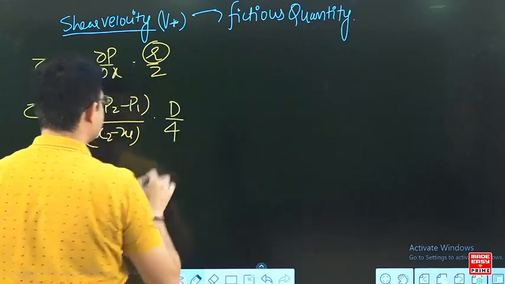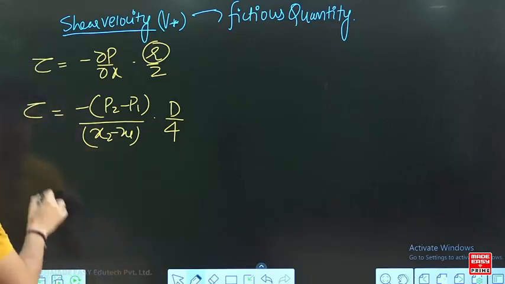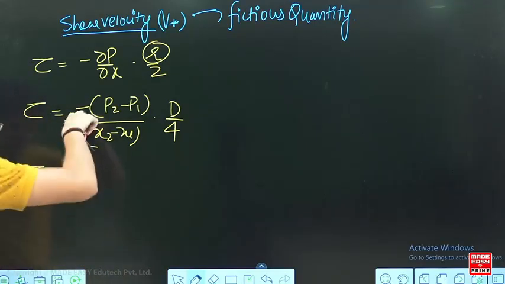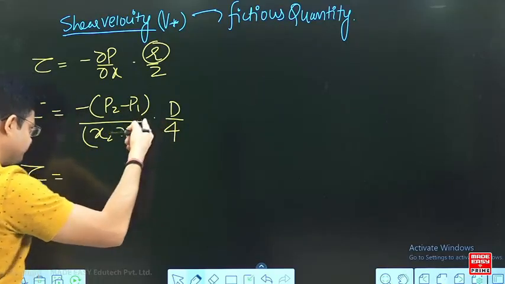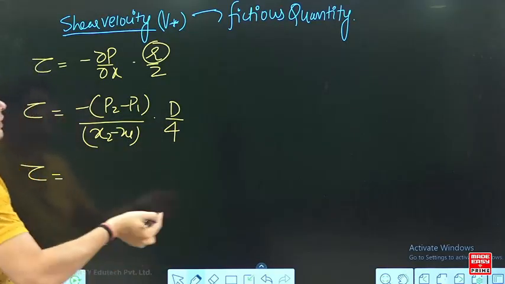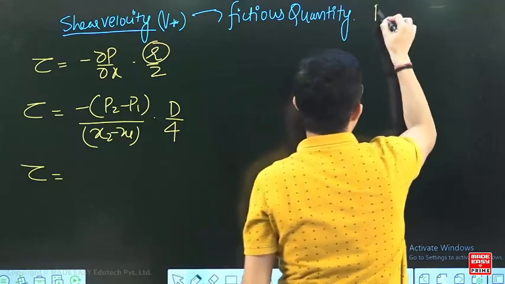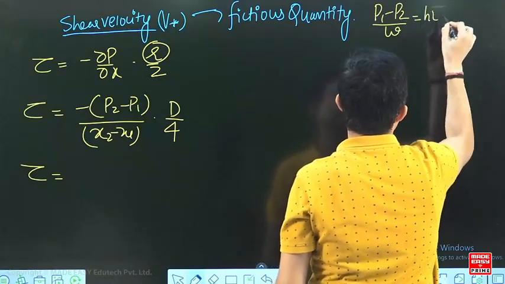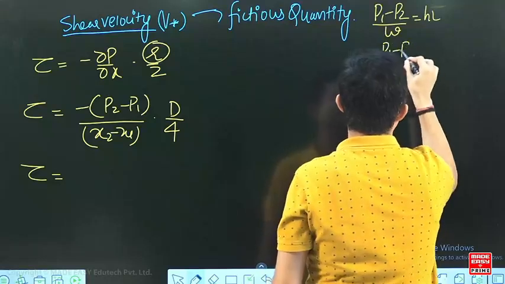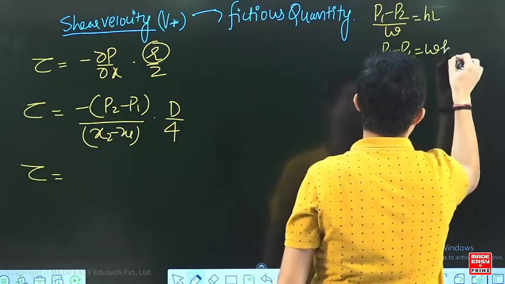R by 2 can be written as D by 4. When you bring the minus sign inside, this will become P1 minus P2. And how many of you remember that P1 minus P2 by W is equal to head loss? So P1 minus P2 can be written as W into head loss.